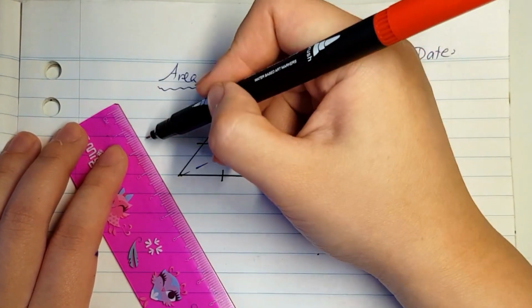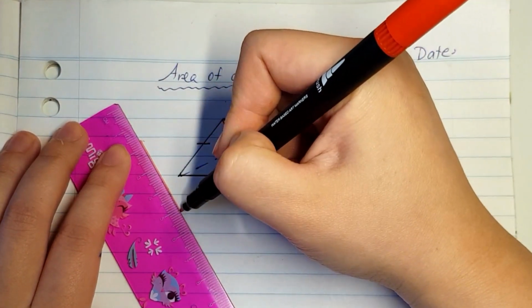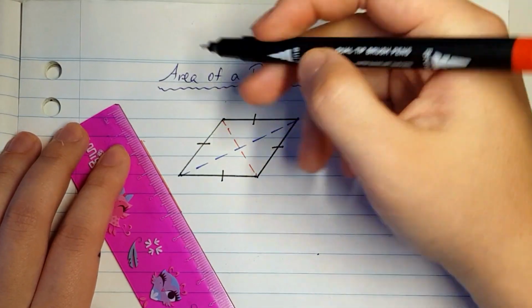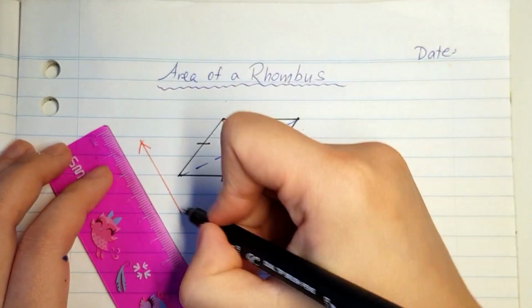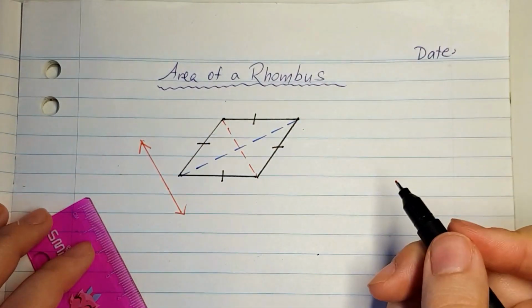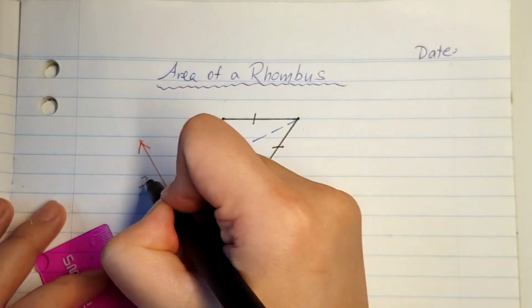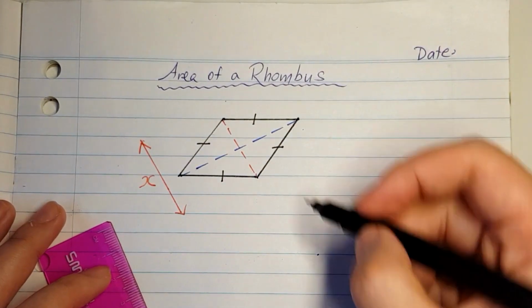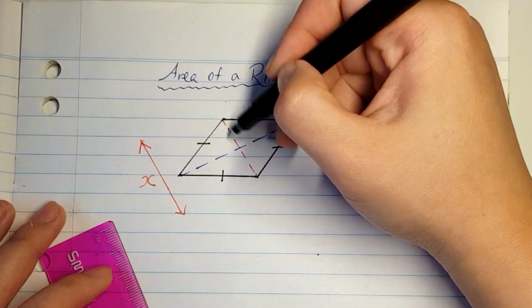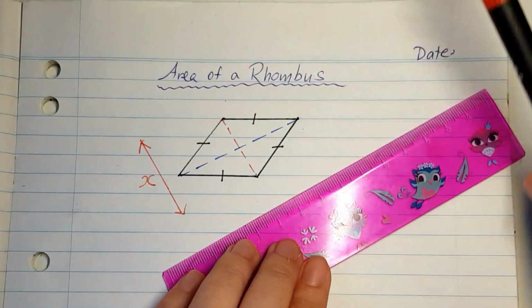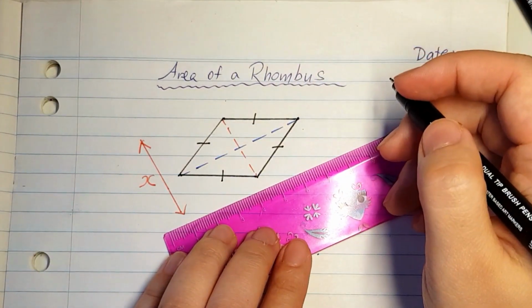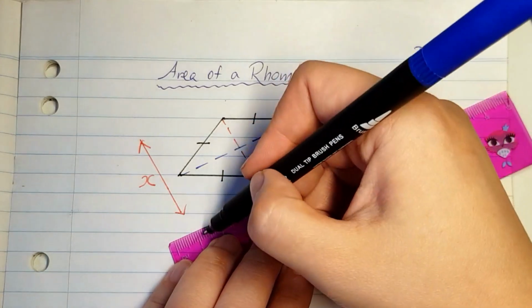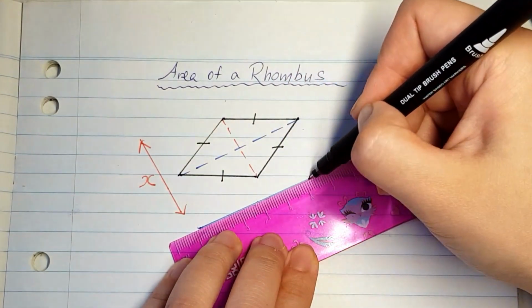So this particular diagonal here, I'll just indicate outside that I'm going to call it X. Okay, so X is the length of this diagonal, and then using my blue color I'm going to draw a line here.